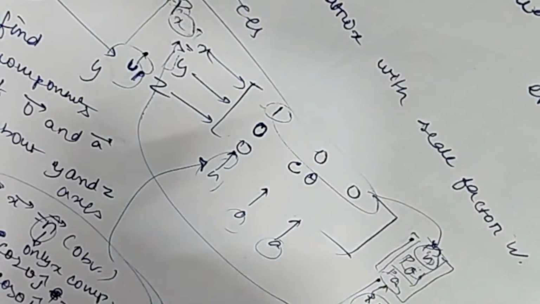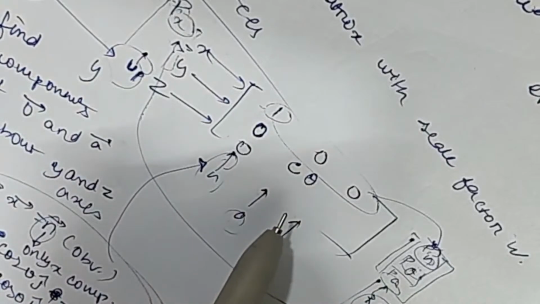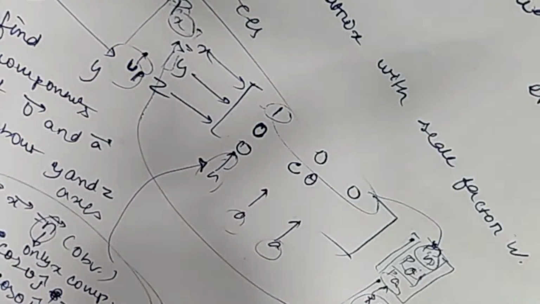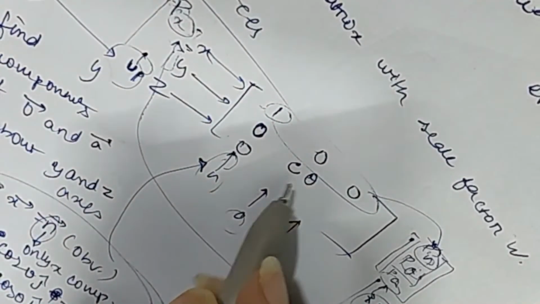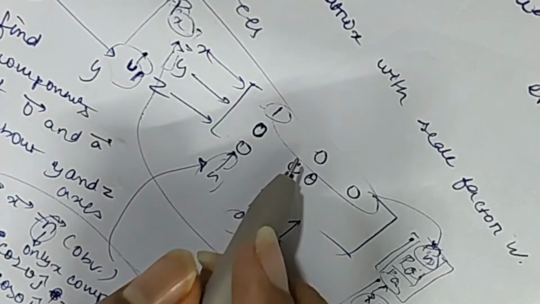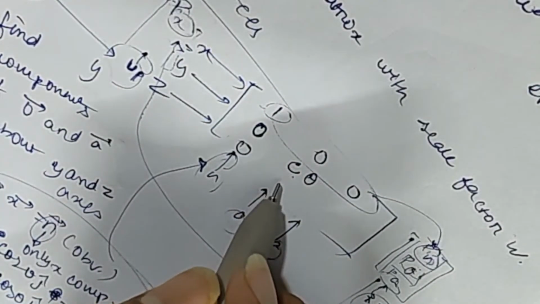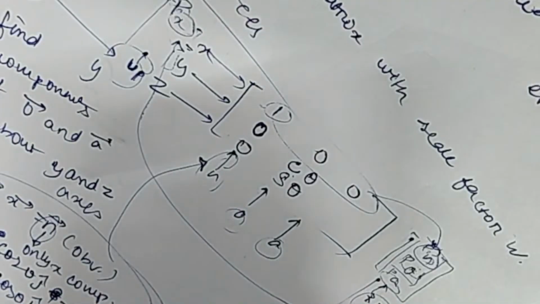The O vector would have no components along the x-axis, a cos theta component along the y-axis, and a sine theta component along the z-axis.